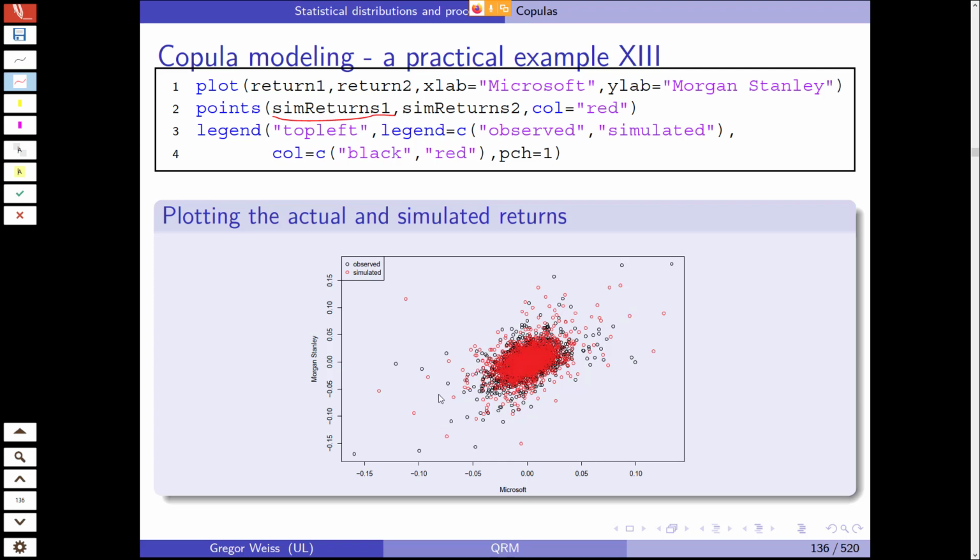Because these are simulated data, we will never obviously match each point because it's random. But the general structure of the data looks the same. So we would argue, well, this could be a very suitable model for modeling the joint behavior of the Morgan Stanley and the Microsoft stock.